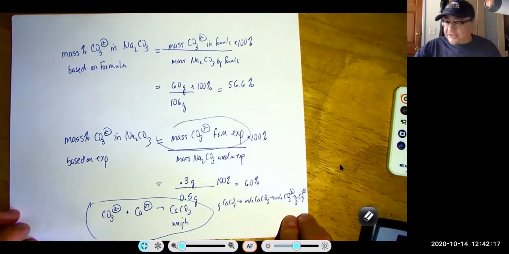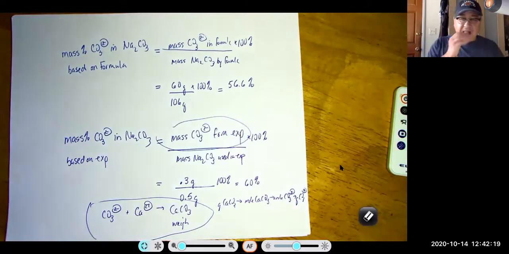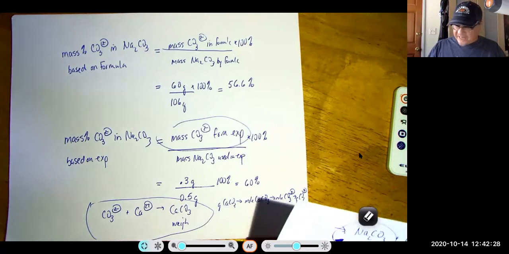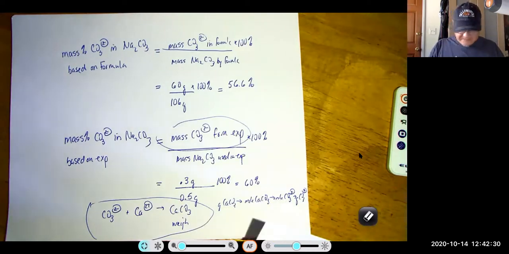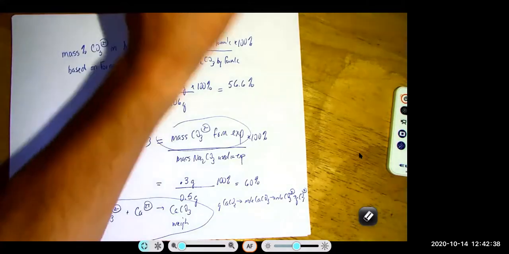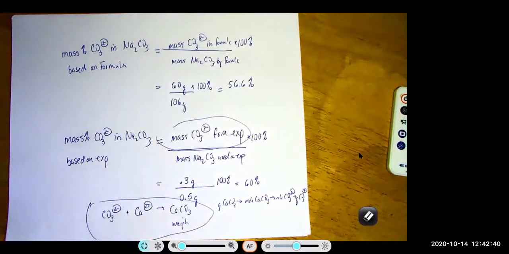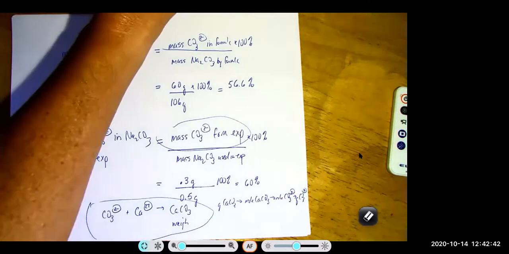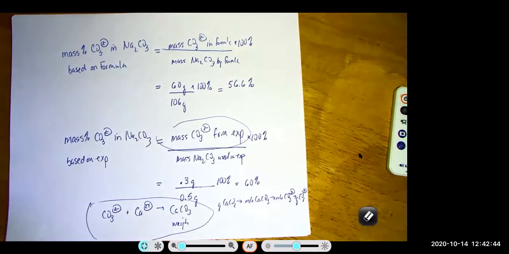This is a question that Jackie had asked earlier about how do you get the moles of carbonate? I think it was Jackie. Can I have a quick question? Yeah. So we convert from the moles of calcium carbonate to carbonate.